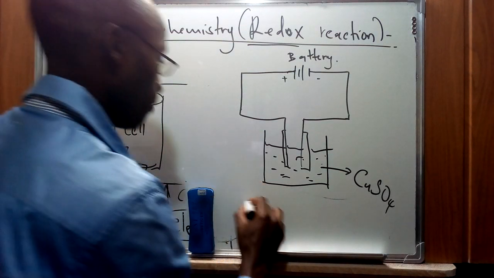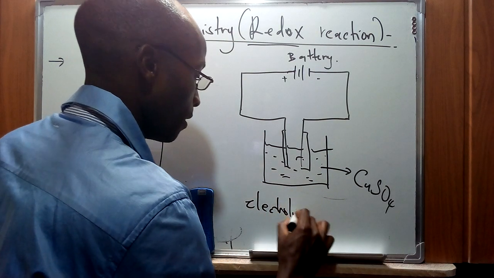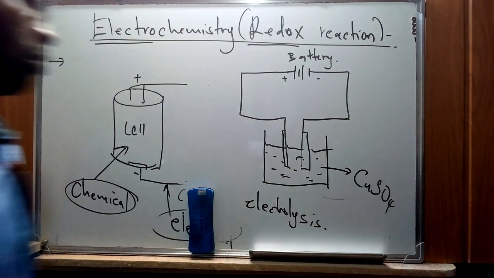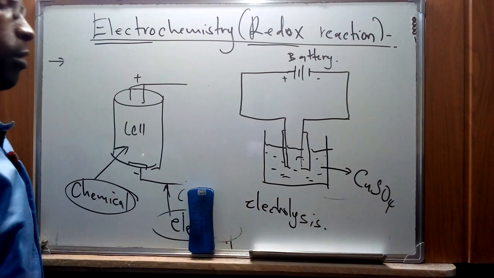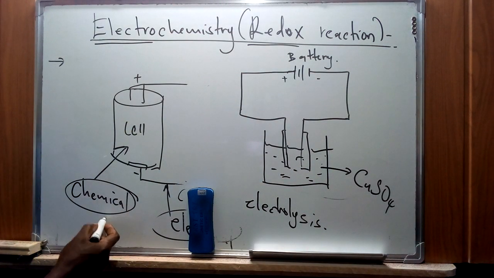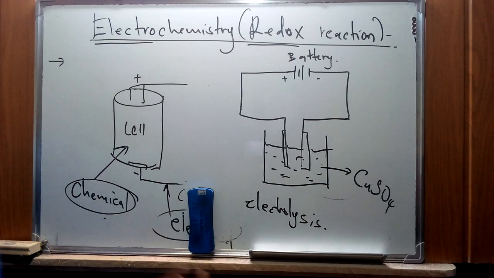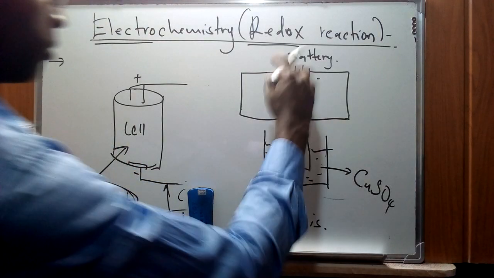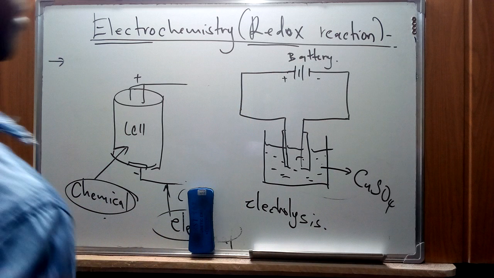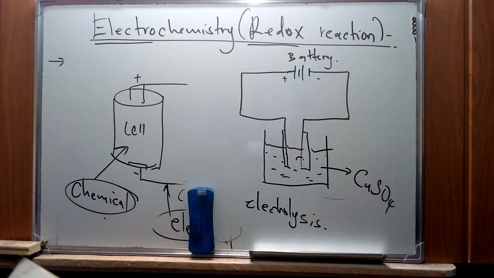This is the process of electrolysis, where we're going to see the reverse effect, the effect of electricity on chemicals. In this demonstration for the cell, it's the chemicals which are producing electricity, but electrolysis is the reverse, where the electricity is having an effect on chemicals.